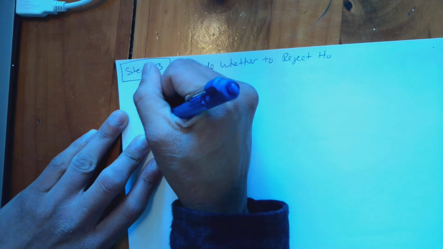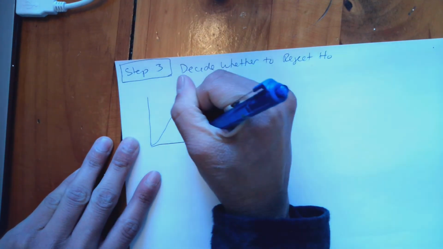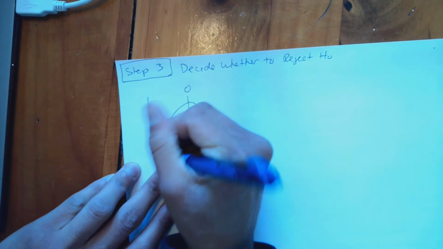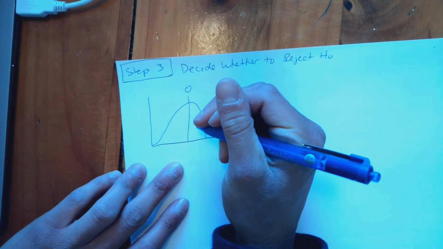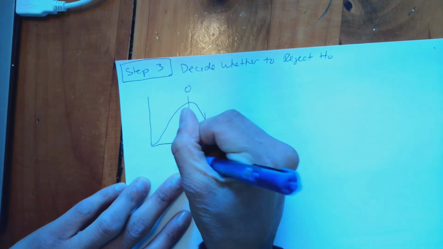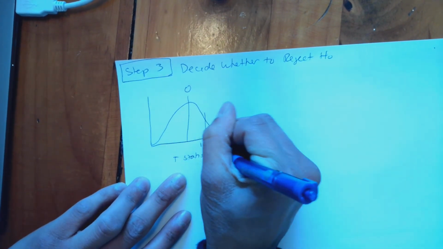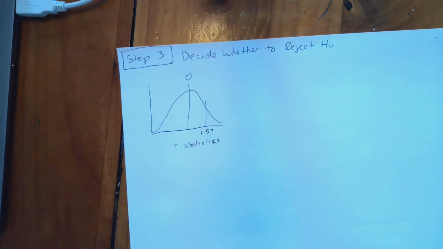So I'm just going to draw this out again. Just like last week, once you have your t-distribution and your t-statistics, where we're at 1.59 here, everything is standardized.